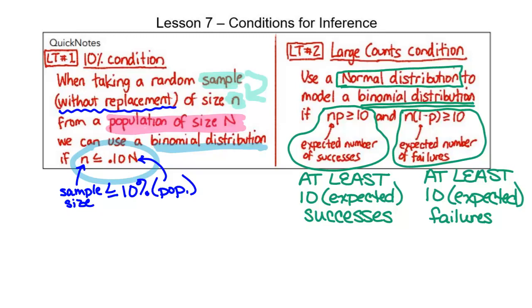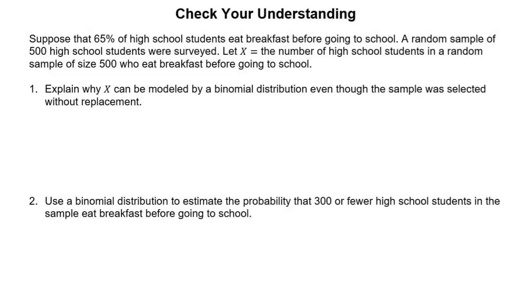All right. I would like for you guys to spend the next 5 to 6 minutes doing the check your understanding down at the bottom. So read through the problem. In number 1, I want you to explain why the random variable x is allowed to be modeled by a binomial distribution.